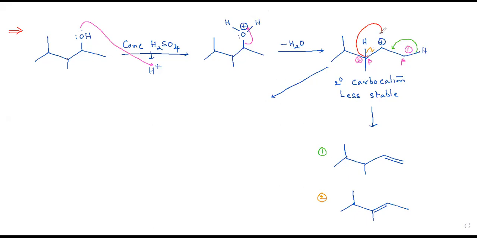So that, let me show it using this. See, if you go for this, see what happens. Using different colors only to make you understand properly. This one is okay. Yes, you get a positive charge here. That's it.